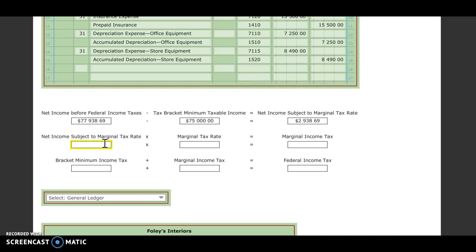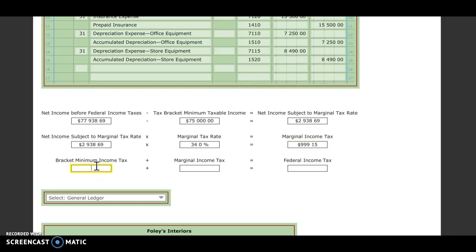Okay. So our net income subject to marginal is the one that we just figured out. So we're just putting that number in again. Our marginal tax rate then, when we look in there, they give us a percentage of 34%. Okay, so we're going to multiply that then. We should get $999.15.